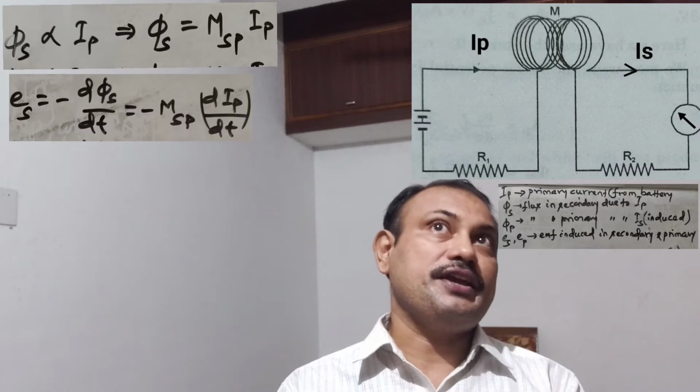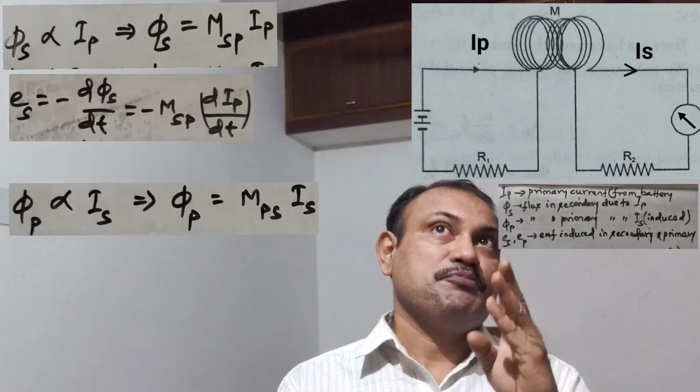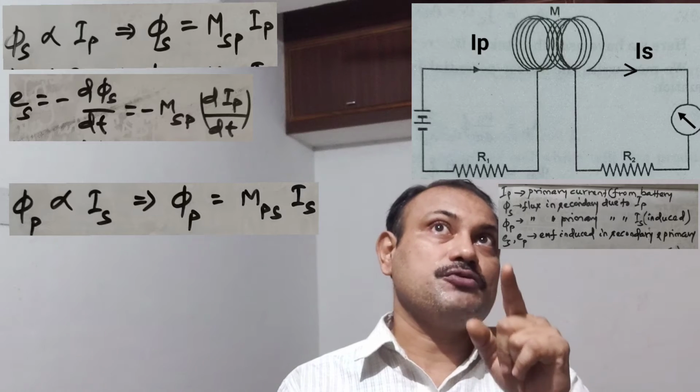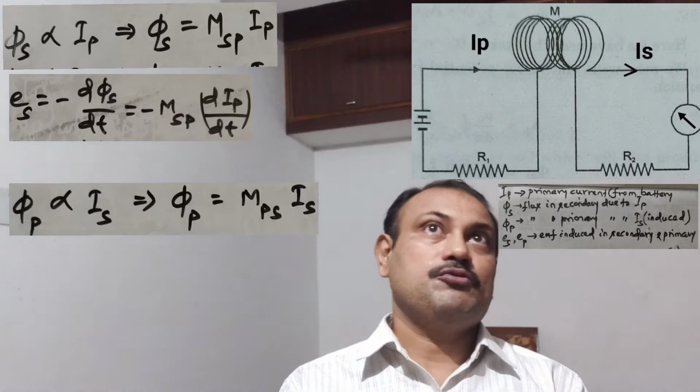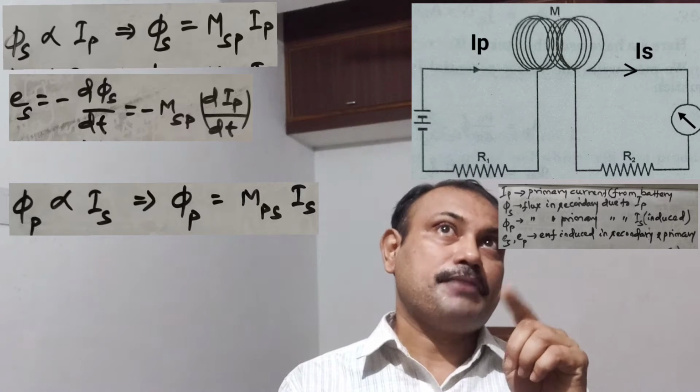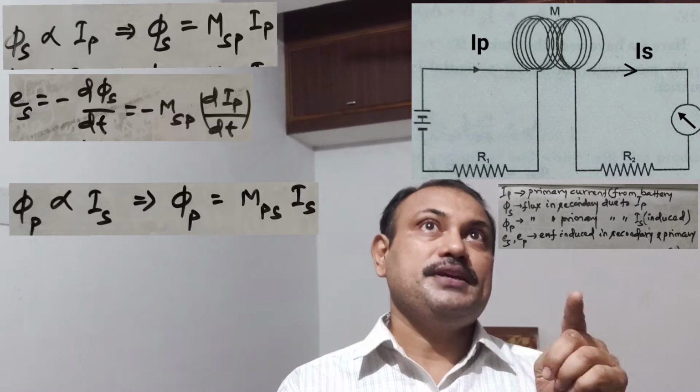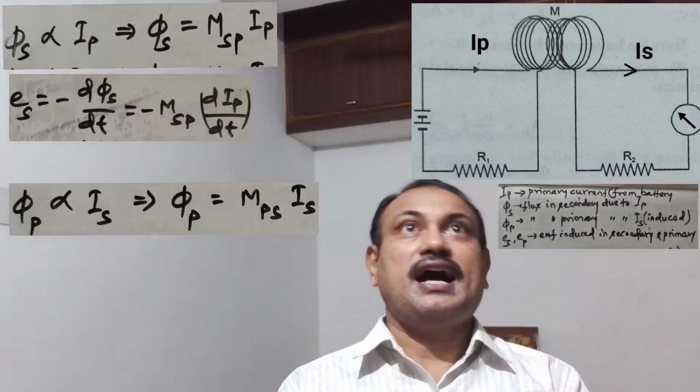In the same way, the magnetic flux associated with the primary is directly proportional to the secondary current, which gives phi P equal to MPS times IS.